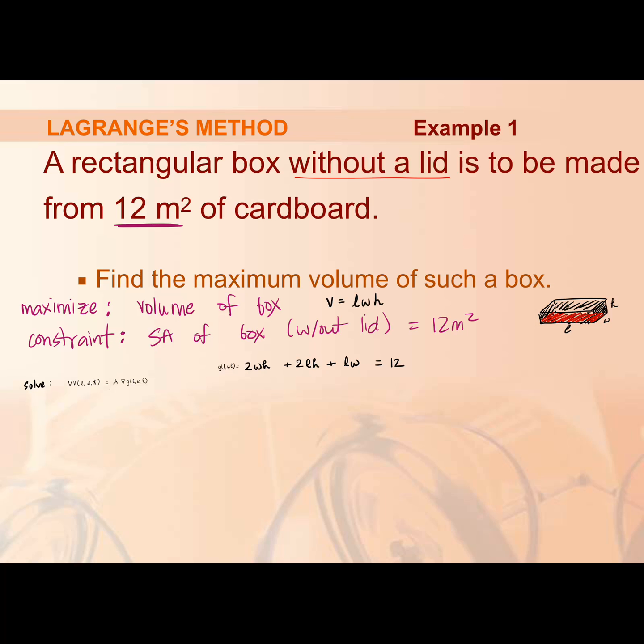And we also need that G of length, width, and height is equal to 12. So this is a system that we need to solve.